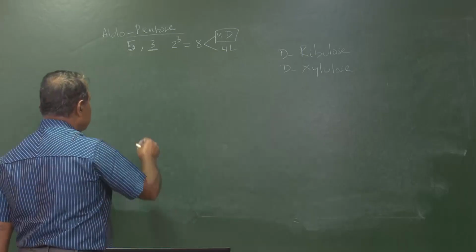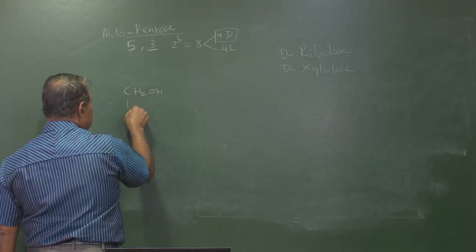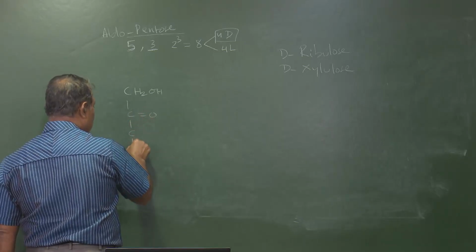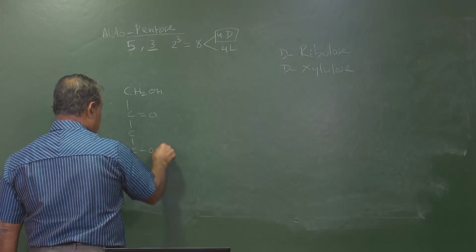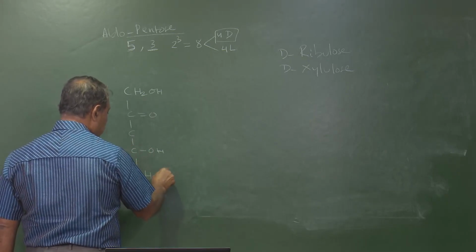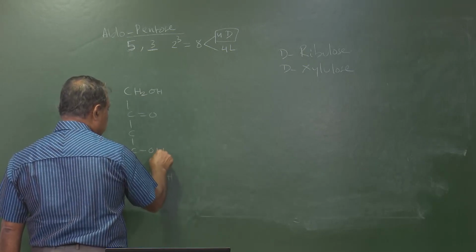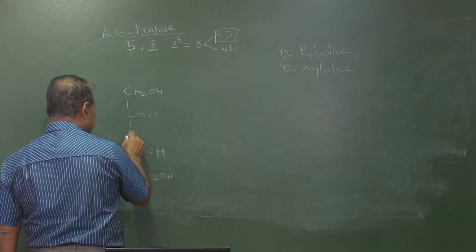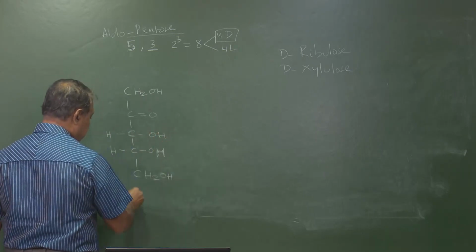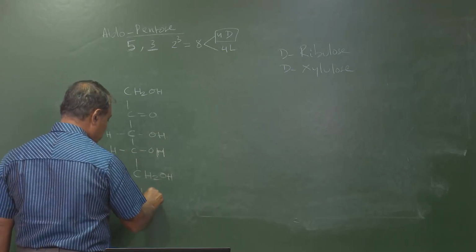So we can start with this CH2OH, then next one C double bond O. Now 2 asymmetric carbon atoms will come, and the last one will be CH2OH. This one will always be in this form because it is D. So now only one change is there. Here it will be H and OH, and this is your D-ribulose.